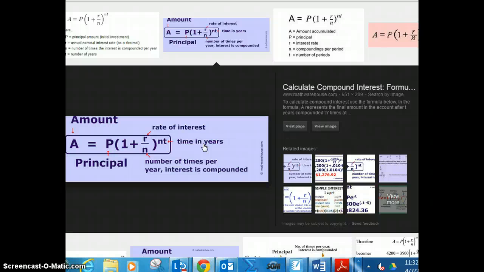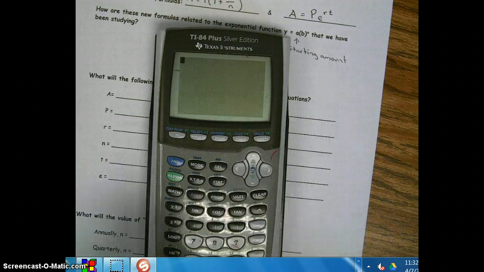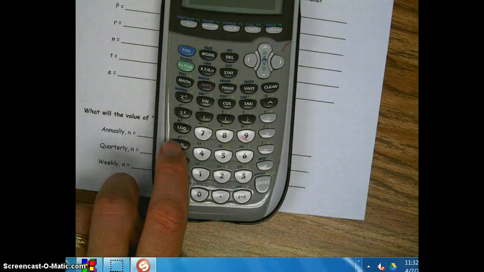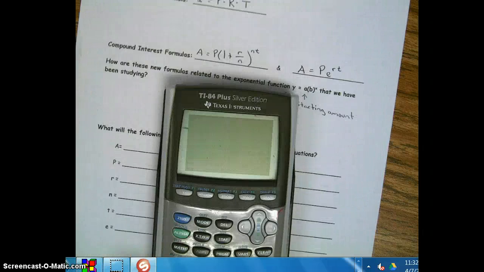And then E, that's going to be our, let's move over here real quick to our calculator. Okay, so when we're using E, we're going to use over here e to the x power when we're using this formula, e to the x power.